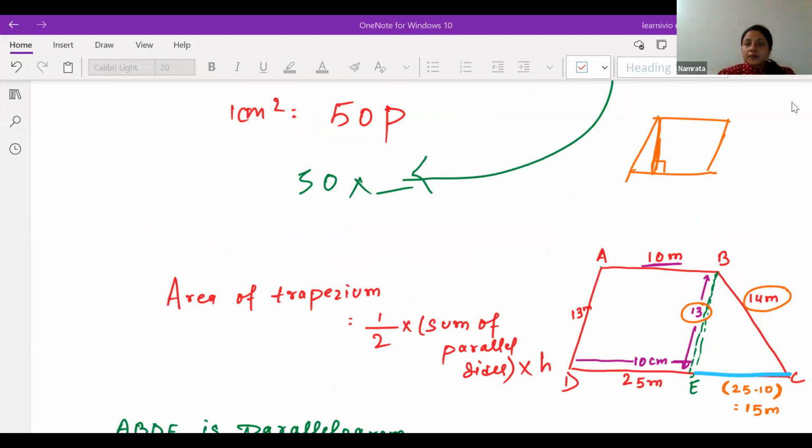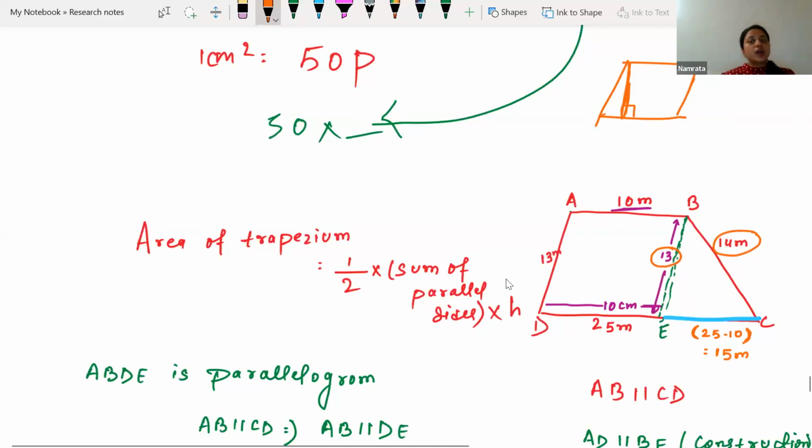Yeah. So even though we are thinking about finding the area of the parallelogram here, that is also not possible because of the height only. So once we get the area of the triangle, that triangle area we will use to find the height of this trapezium. Okay.